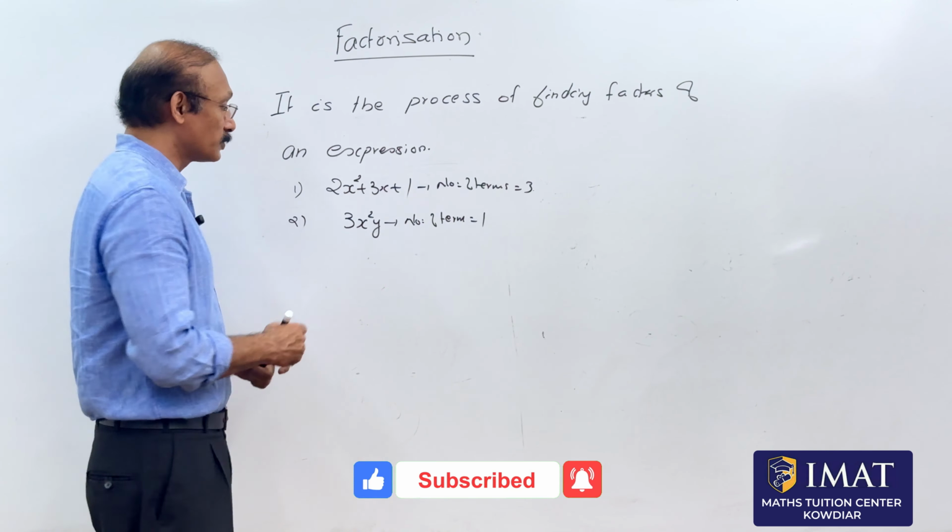Now, suppose I say a question like this, factorize x square plus 3x square y. Children, how many terms are there in this expression? There are two terms. Now, the first method which I am saying is taking out common factors.